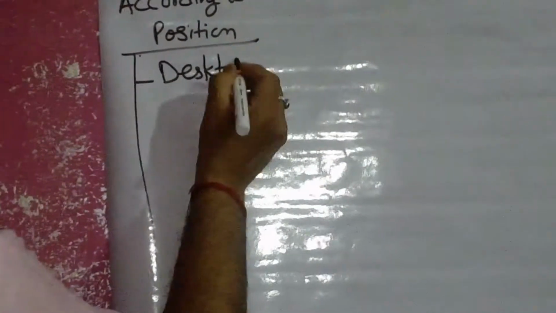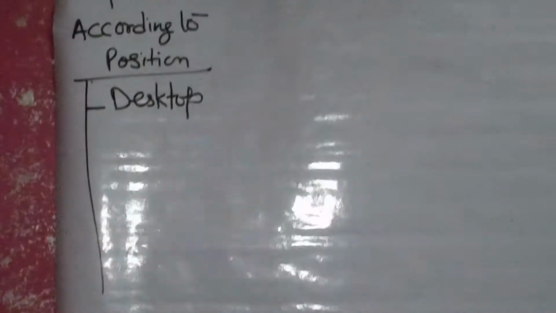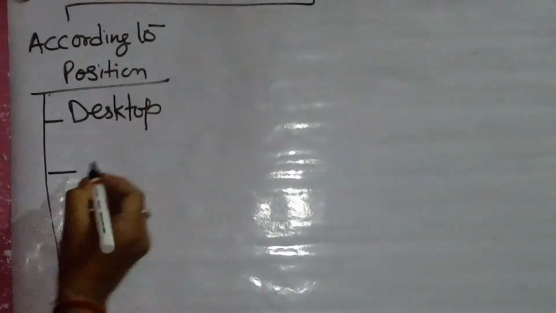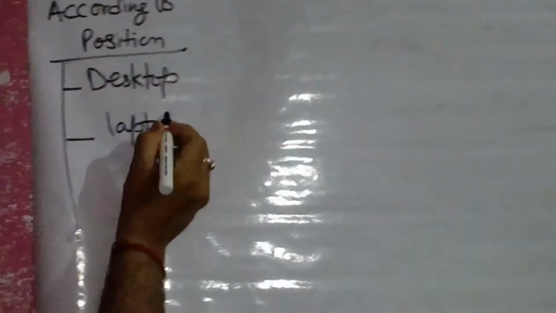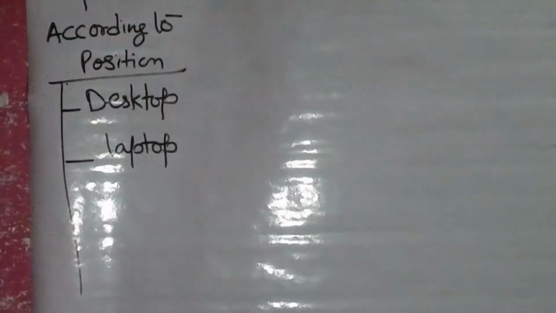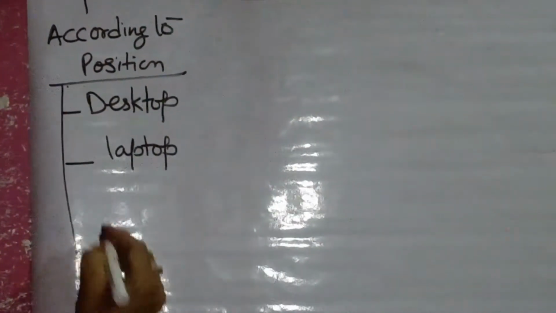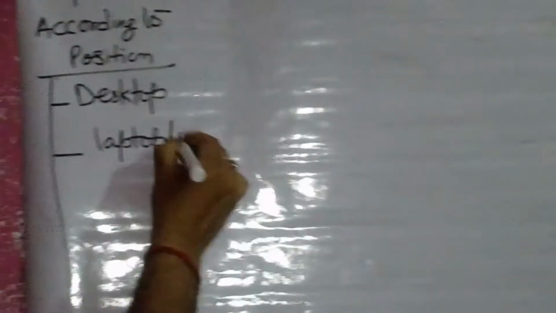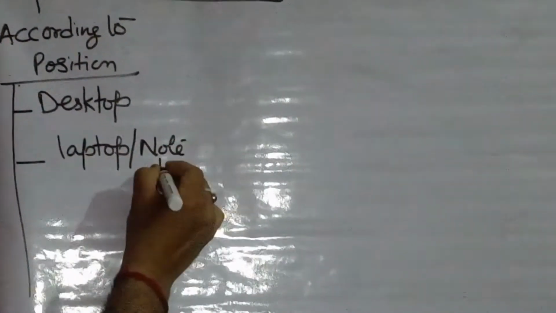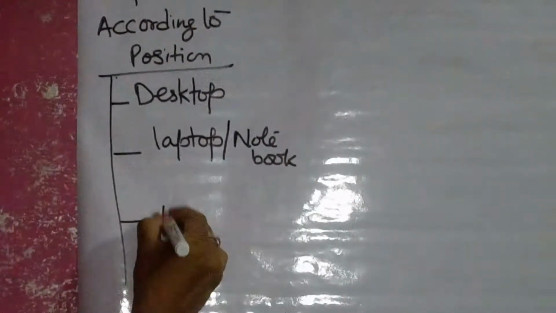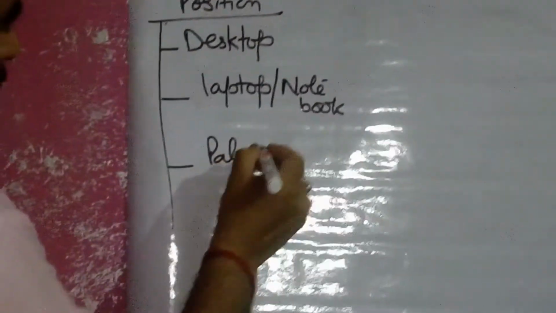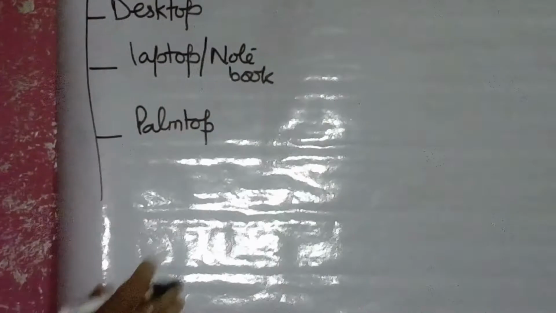One is desktop monitor. Desktop means where the monitor is placed on the desk for working. Next, laptop monitor, which is also known as notebook. Next is palm top monitor.